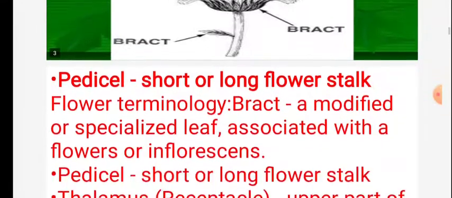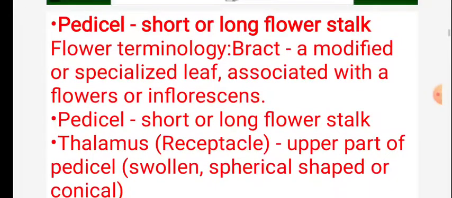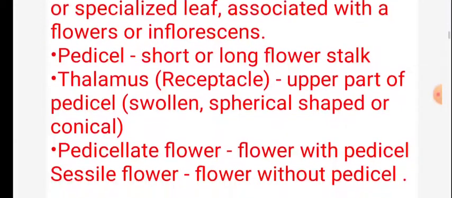The pedicel is a very short or long floral stalk. The bract is a modified or specialized leaf associated with the flower or the inflorescence, present at the base of the flower. Then the pedicel is a short or long floral stalk.